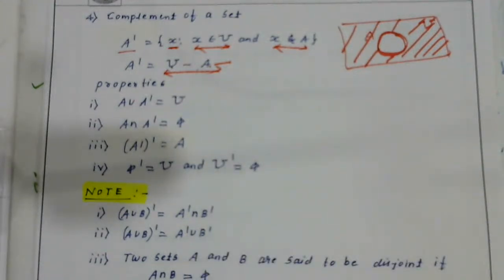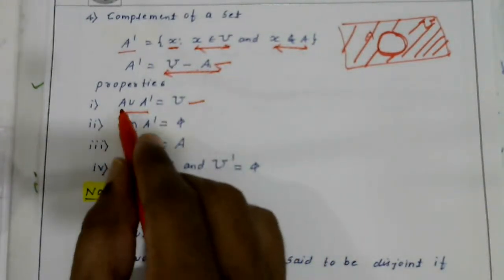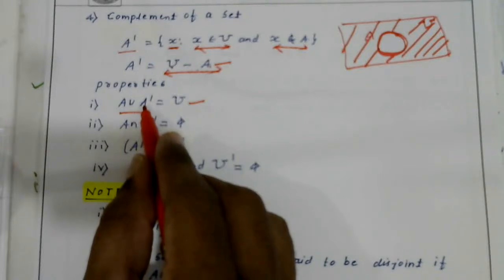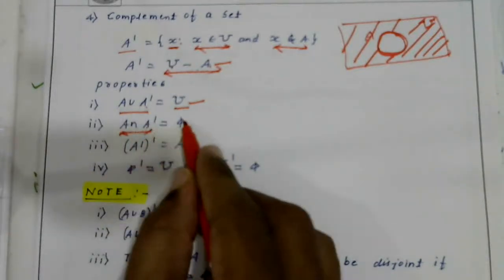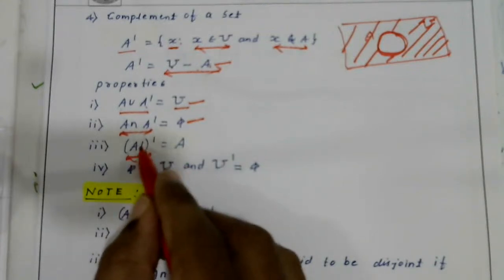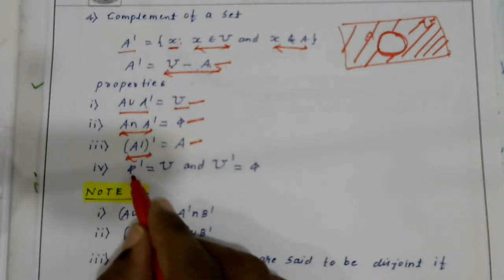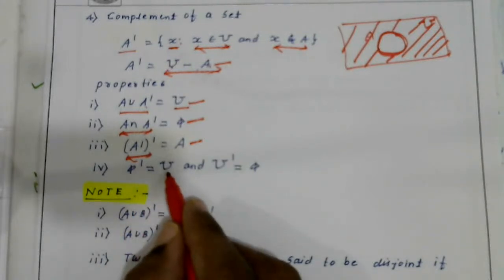Some of the properties related to the complement of a set. A union A dash is equal to our universal set. A dash means apart from A. A intersection apart from A, nothing is common, so it equals our null set. The complement of a complement set equals our A only. And null dash equals our U, that is the universal set.